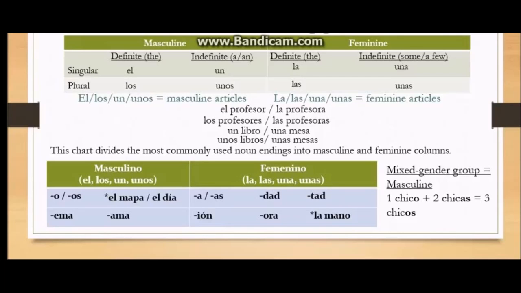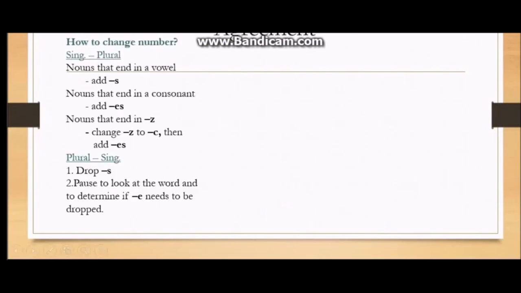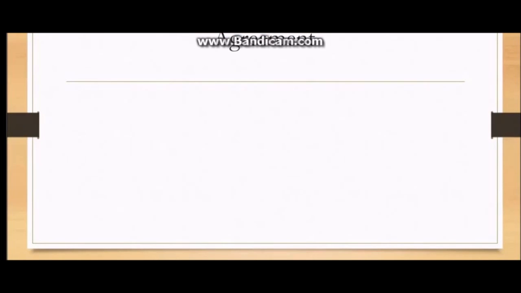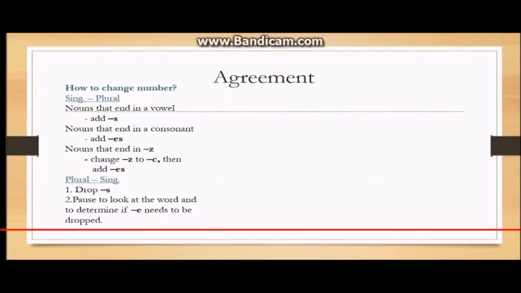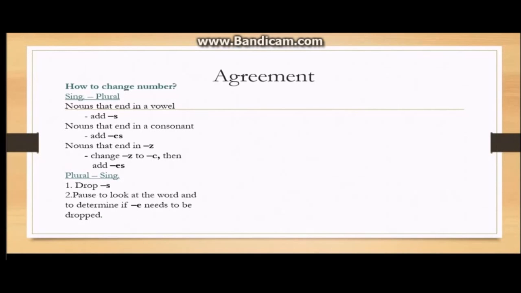Our next question is, how did libro become libros? We know that a noun can be masculine or feminine, but it can also be singular or plural. To go from singular to plural, we have to look at these noun endings.